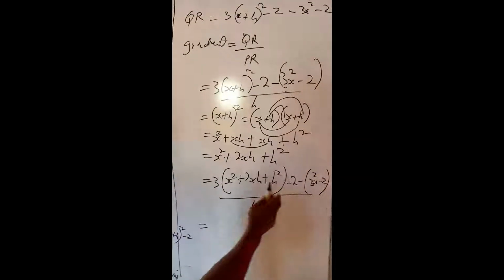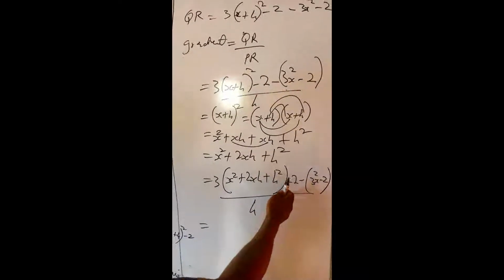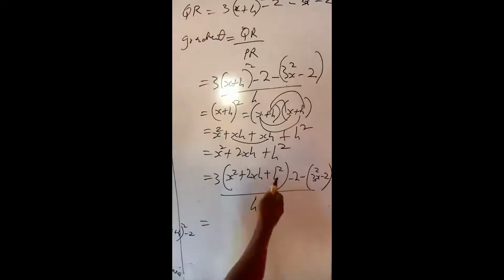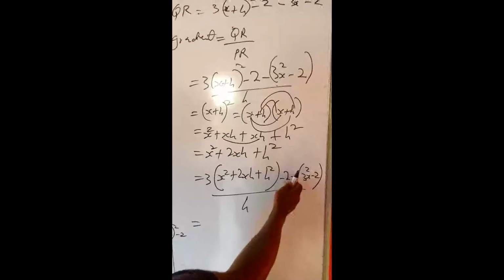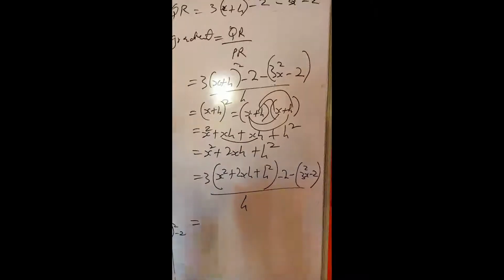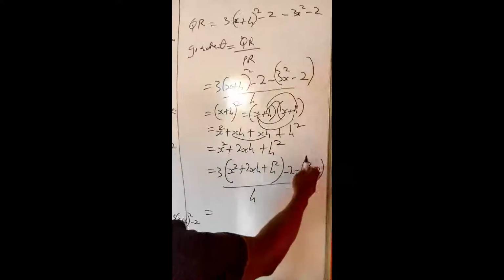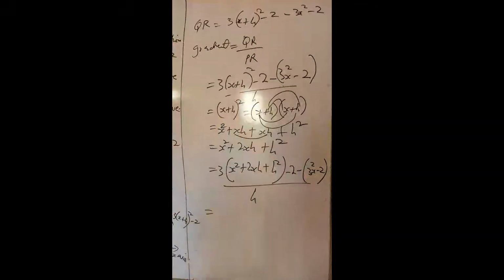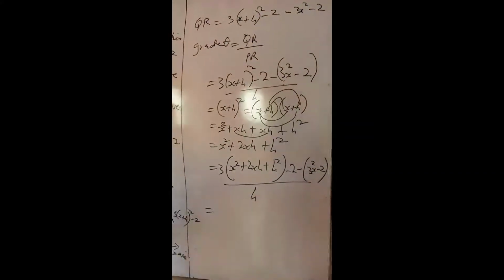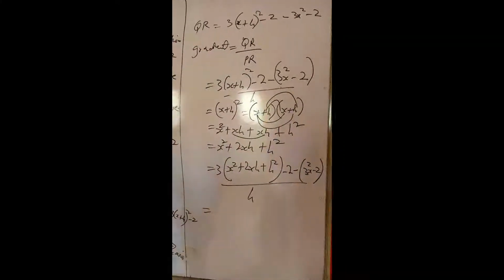Then we have minus 2, which is still part of the y coordinate, minus the coordinate of P, which is actually y1, and that's why we have 3x squared minus 2. So that when we are doing the multiplication, the signs will not cause an issue.